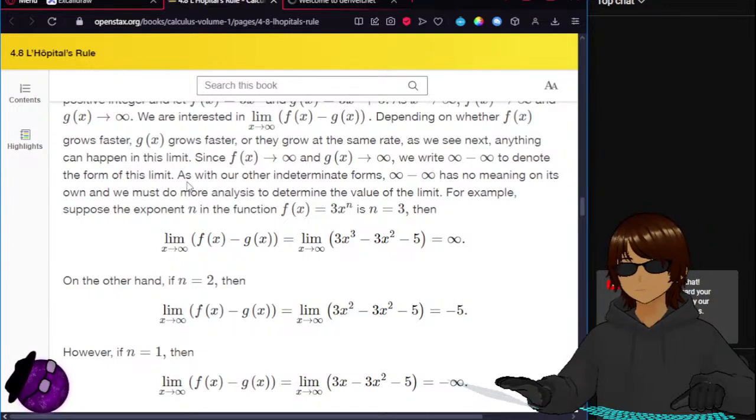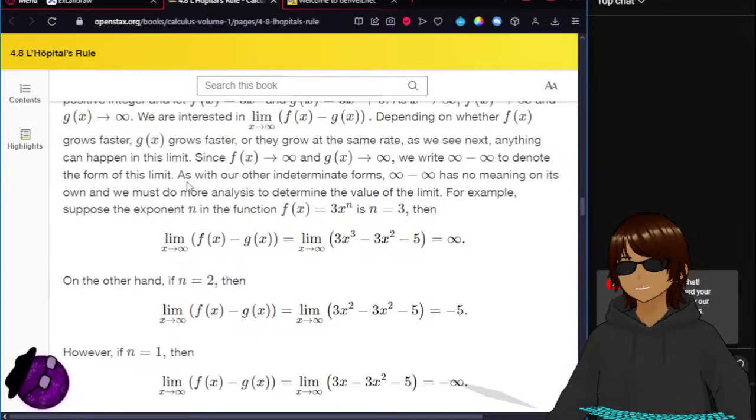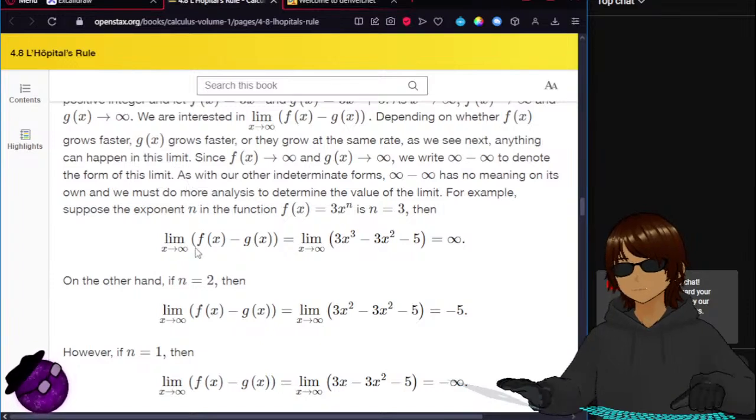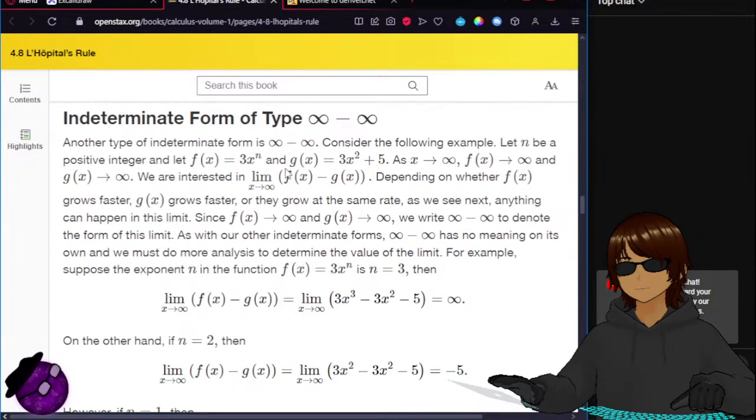As with other indeterminate forms, infinity minus infinity has no meaning on its own, and we must do more analysis to determine the value of the limit. For example, suppose the exponent n in the function f of x equals 3x to the power of n, and n is equal to 3, then the limit is infinity.